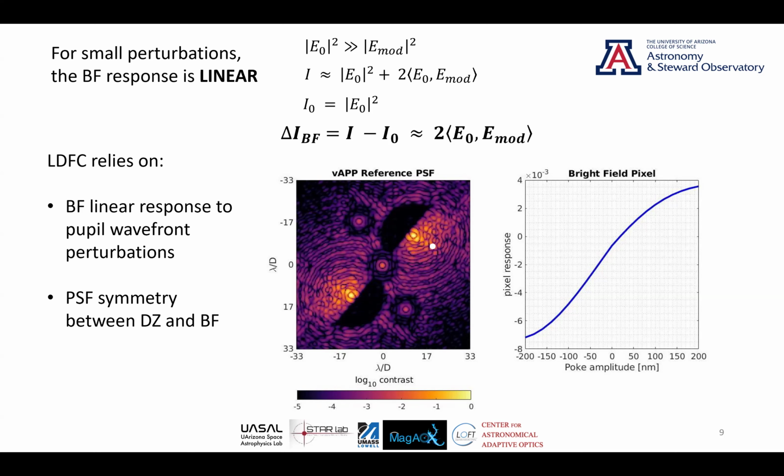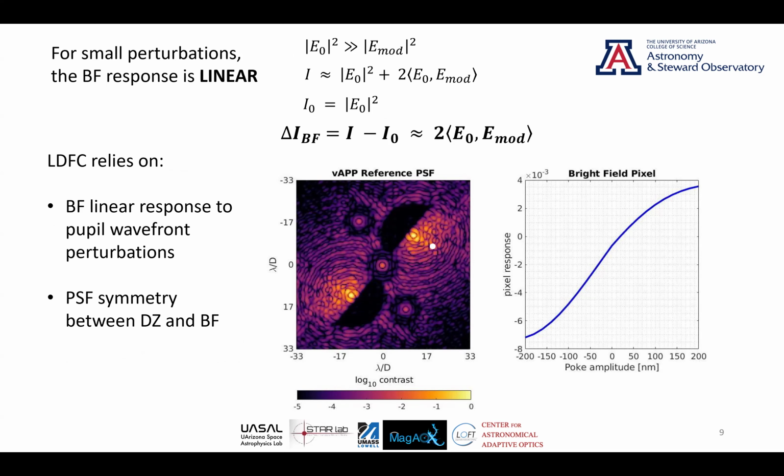So what this reduces down to is effectively that the intensity from your initial bright field is going to swamp the intensity variations that you'll see with any modulation in the pupil. And so the difference between a reference image I naught and an image at some later time post perturbation is going to have a linear response.